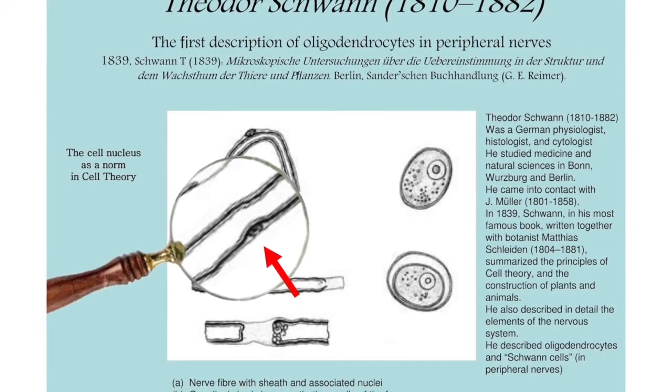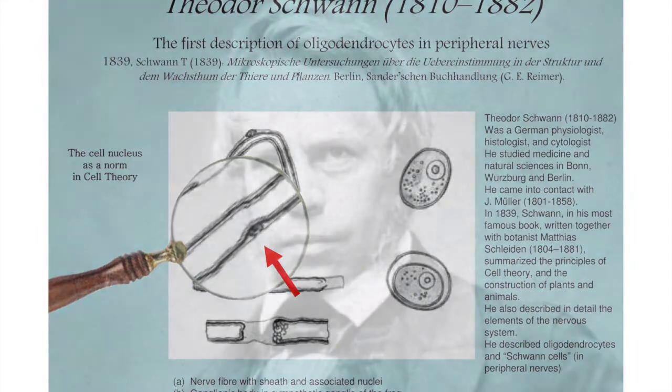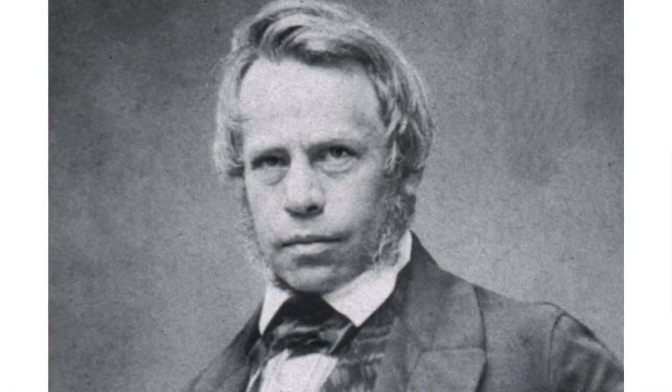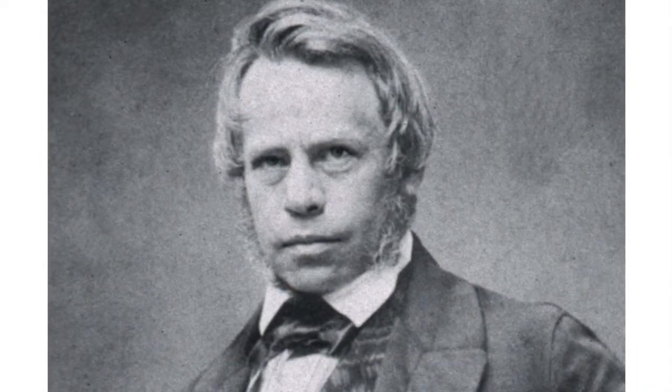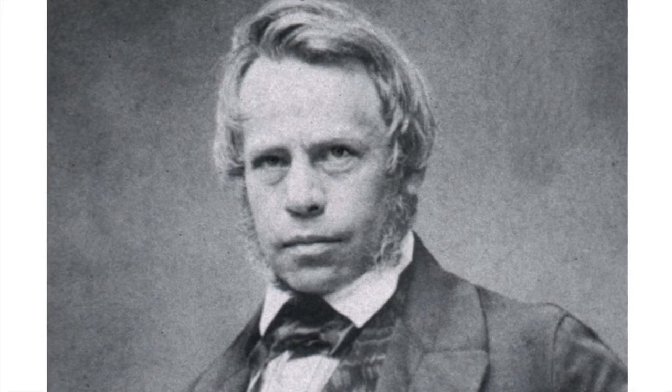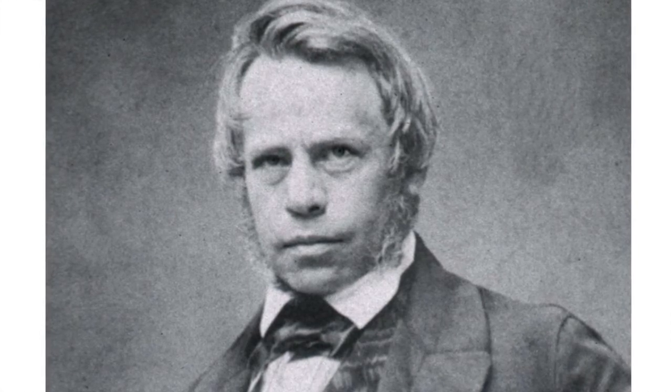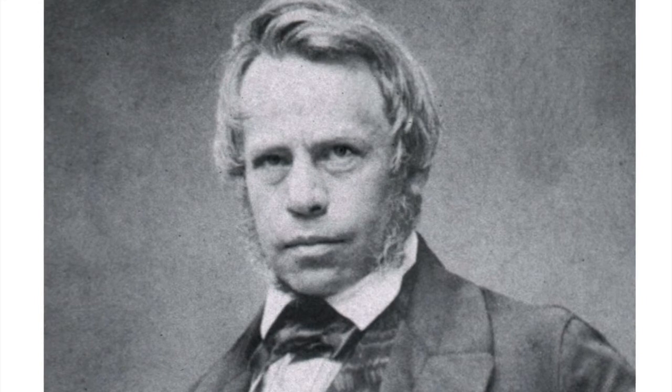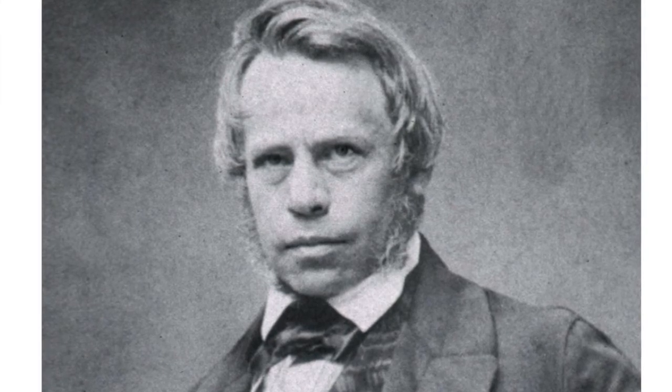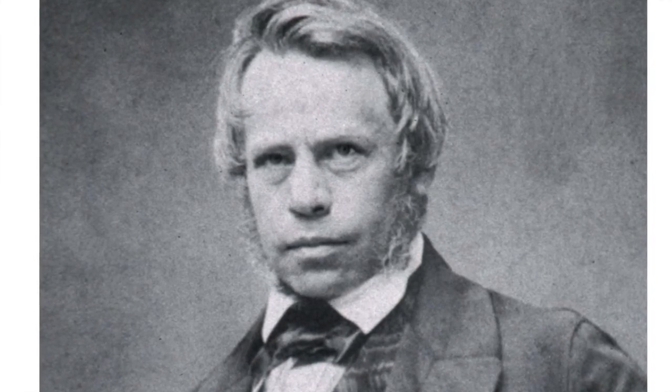For example, Jacob Henle was a German Jewish pathologist, a student of Johannes Peter Müller. He knew Remak and Schwann. He made important anatomical discoveries, among which he described kinds of glial cells. As a Jew, he was not given a chair in a major German city.